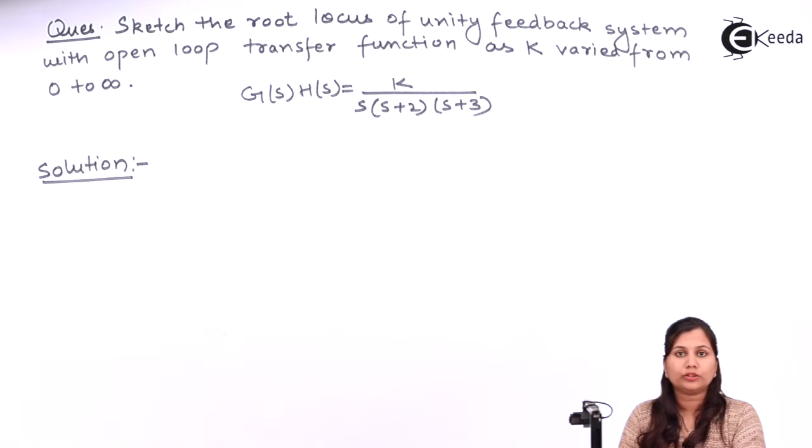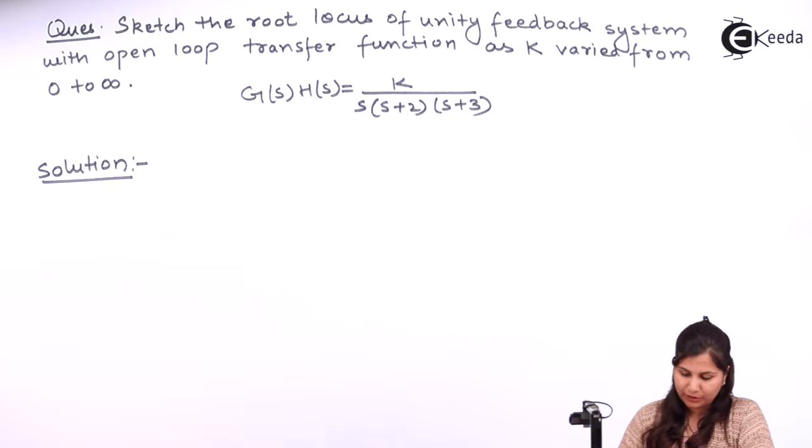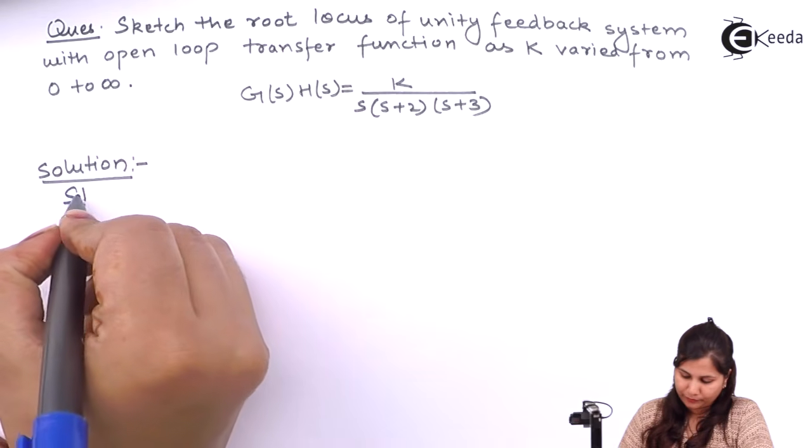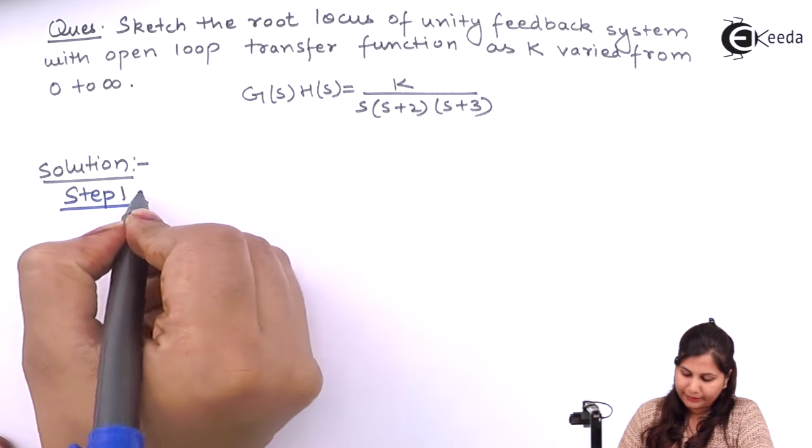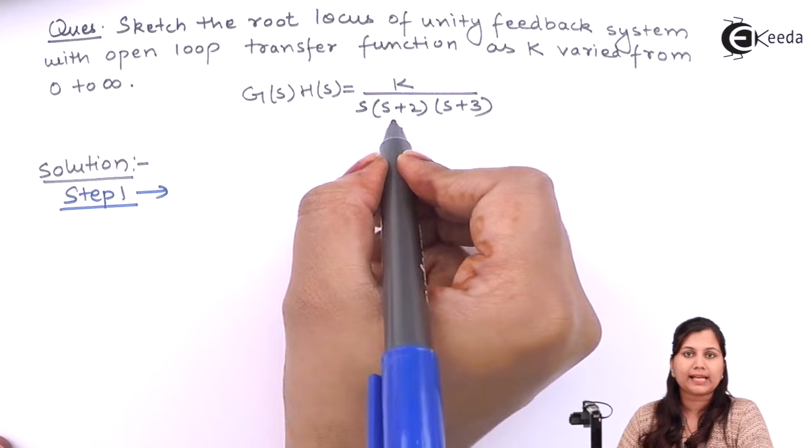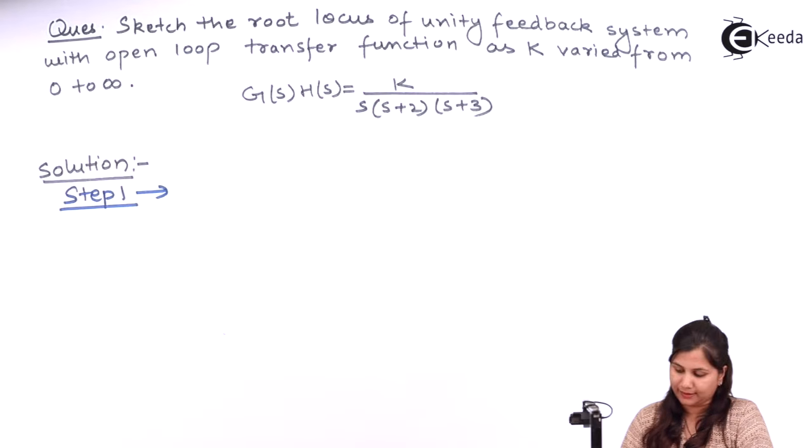We will follow the rules or the steps of the root locus technique one by one to plot this root locus. The first step is to determine all the poles and zeros of this system.